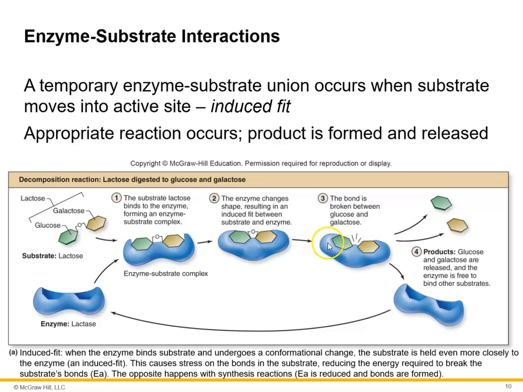And so you can see because it's putting stress on these bonds, it's going to require less energy to break the bonds. Once broken, the products are released, and the enzyme goes back to its initial shape or conformation.